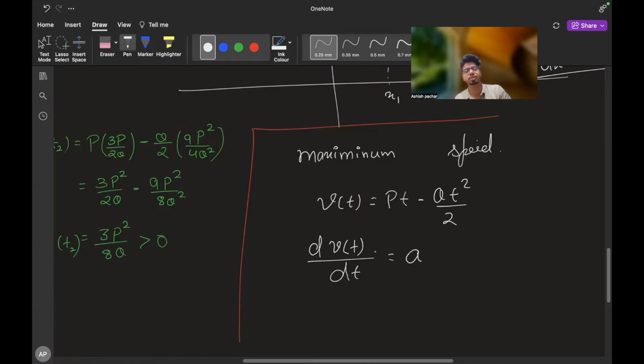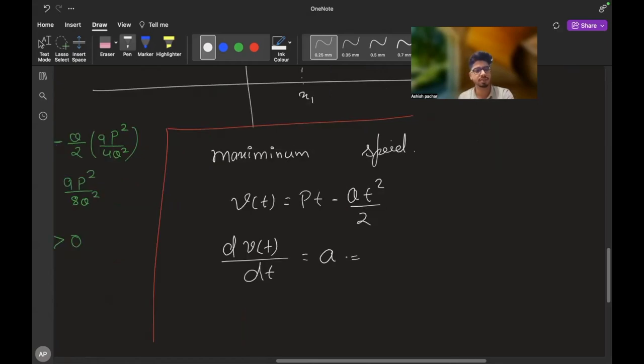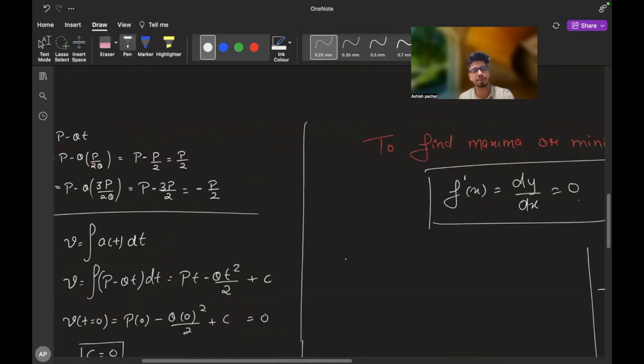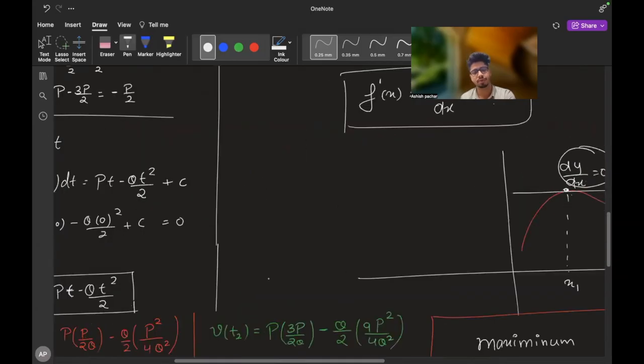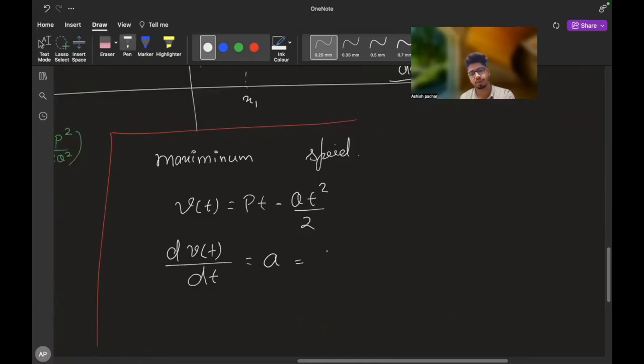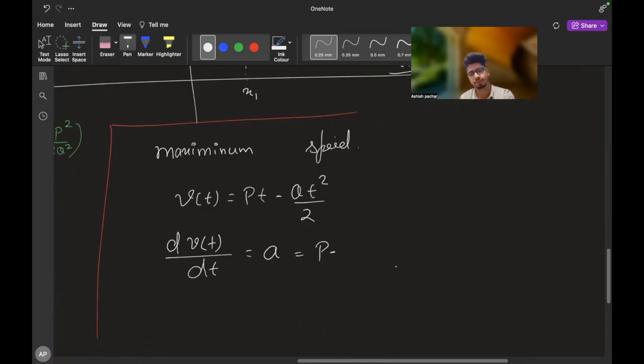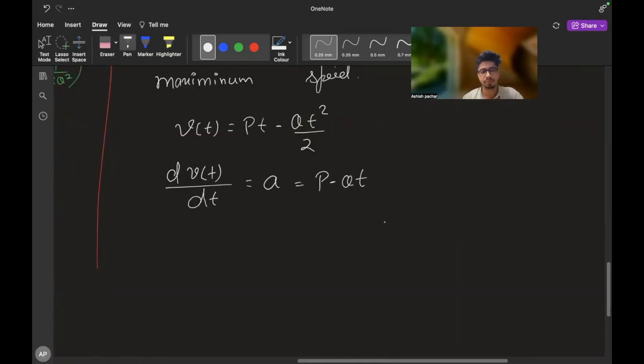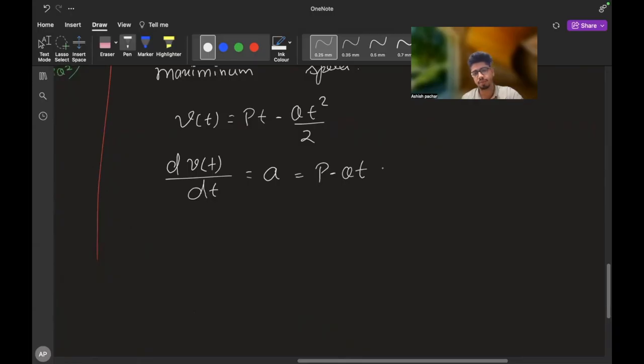When we differentiate the velocity function, we get acceleration, and we already know the acceleration expression is p - qt. I have to put this equal to 0 to find the maximum speed. So t comes out to be p by q.